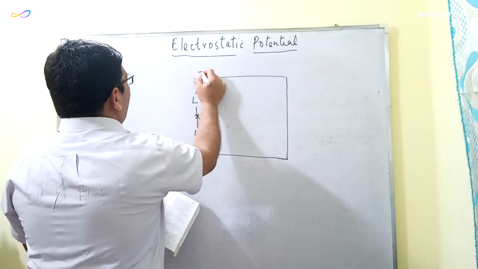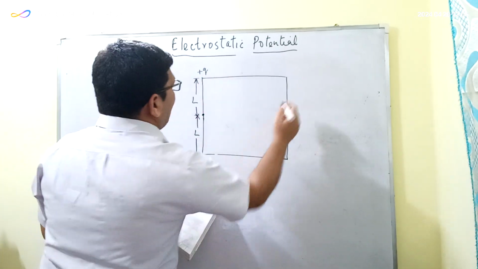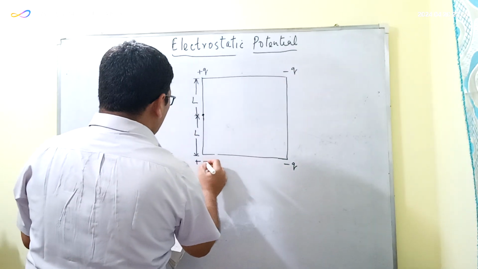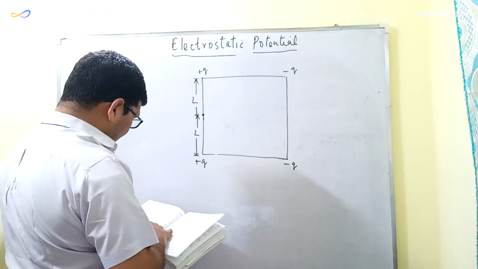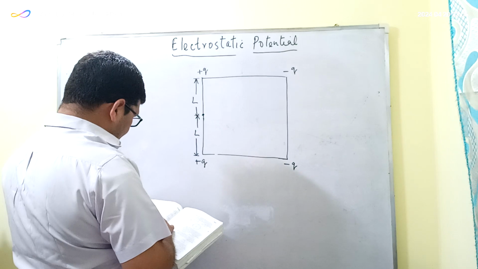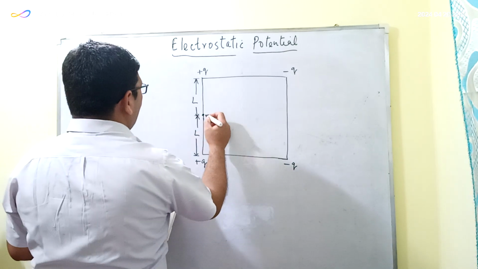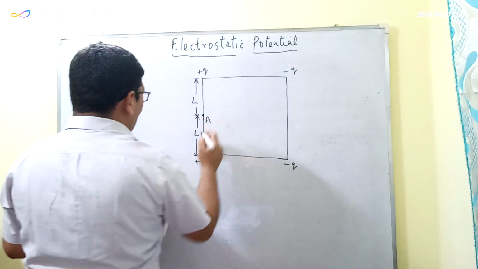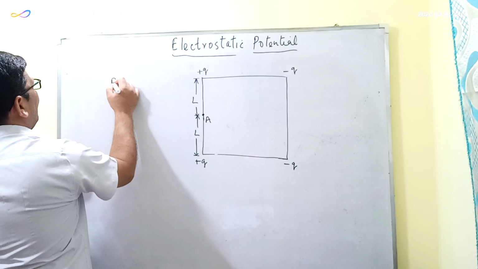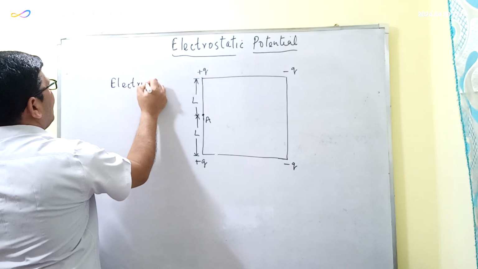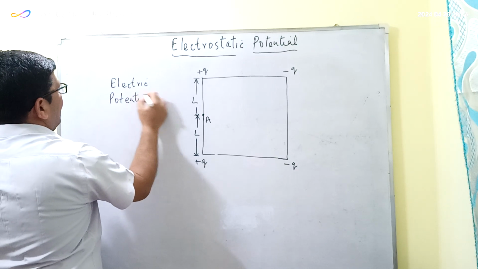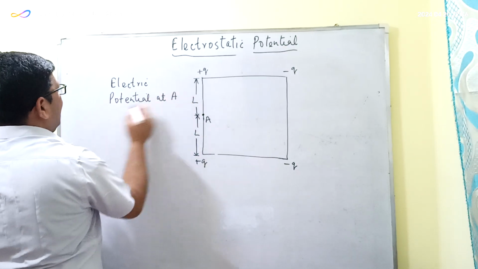So there are 4 charges placed at the corners of this square, like this. And this is the point A. So you have to find the electric potential at point A. What will this be?